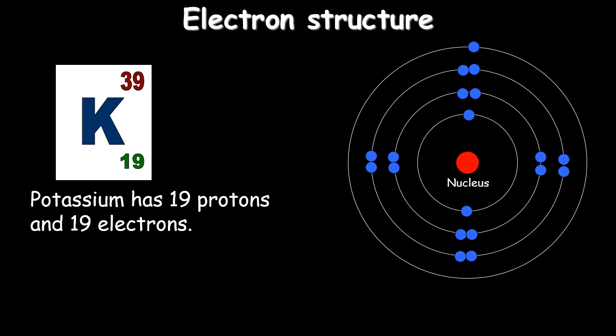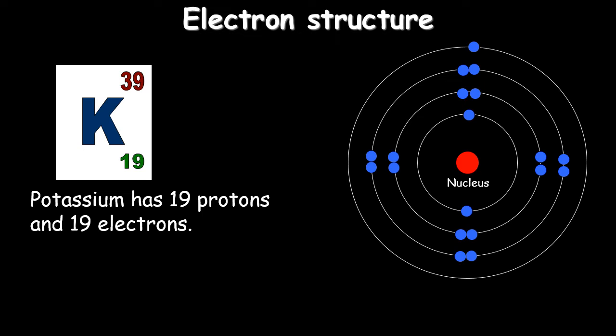The first electron shell, which is the one closest to the nucleus, takes 2 electrons. The second and third can take 8 each. And for your GCSE, what you need to know is that any additional electrons after that point go onto the fourth shell.